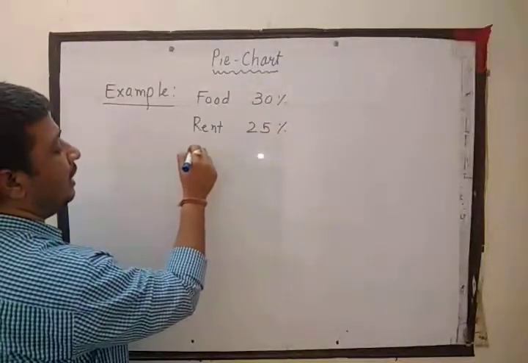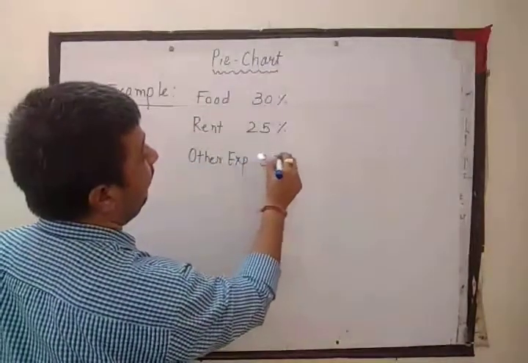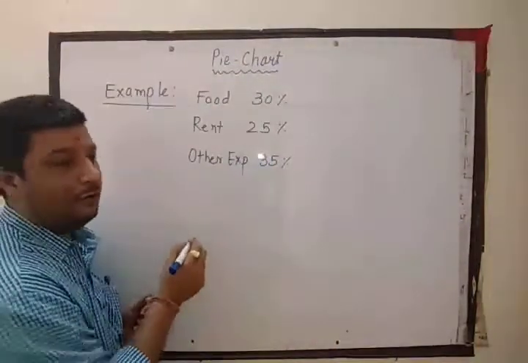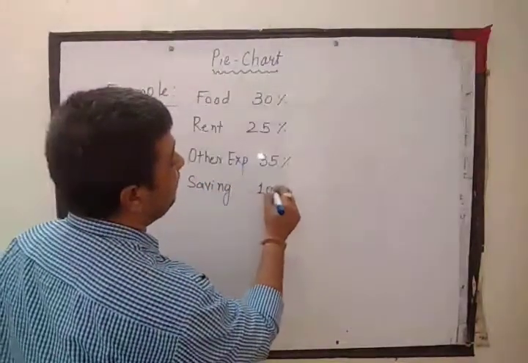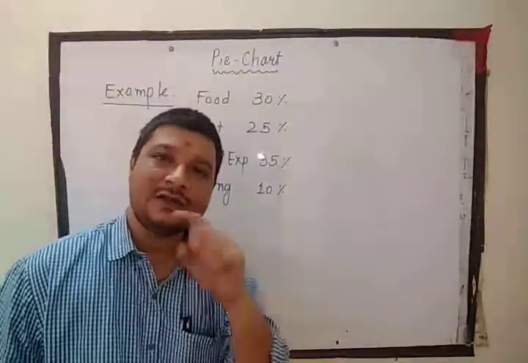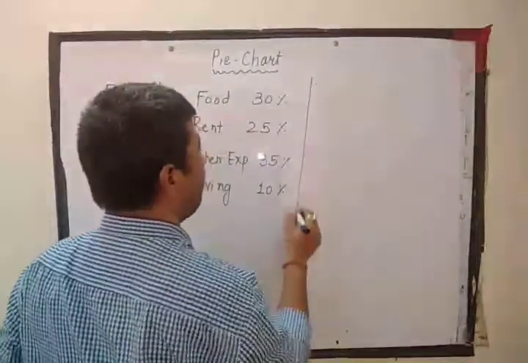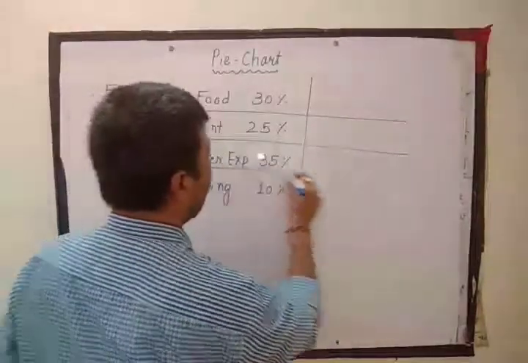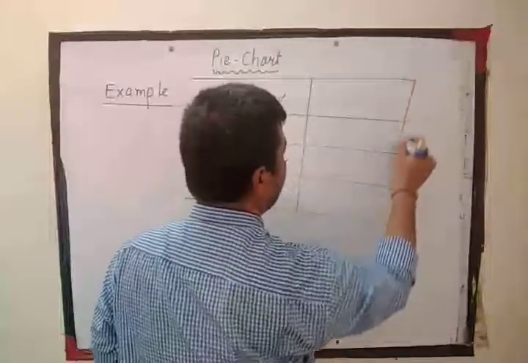Then other expenses are 35% of your salary, and now saving is also an important part of our life, so 10% is saving. So one complete circle means 360 degrees. How much? 360 degrees. And this percentage we need to convert into degrees. So what is the method to convert this given percentage into degrees?